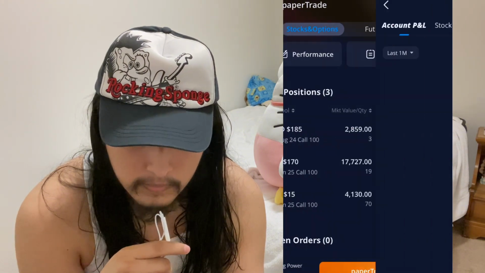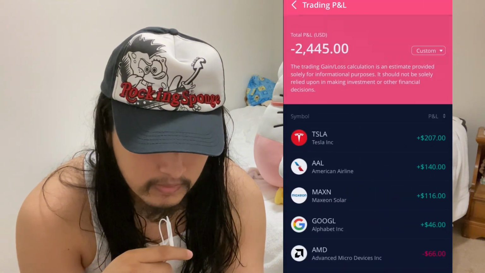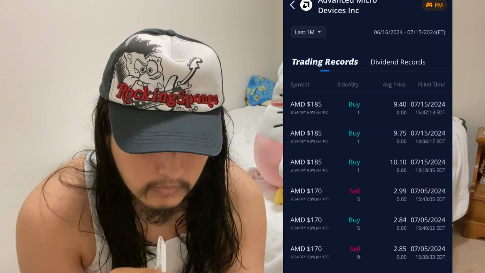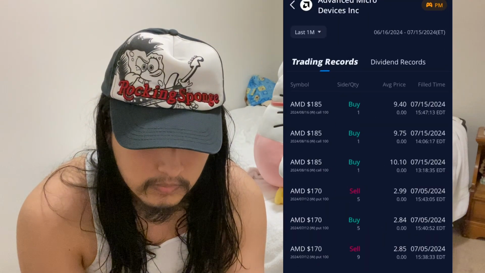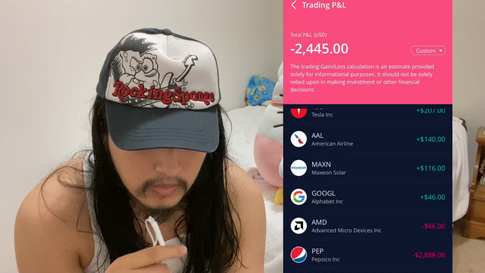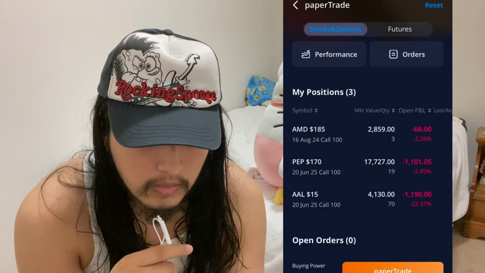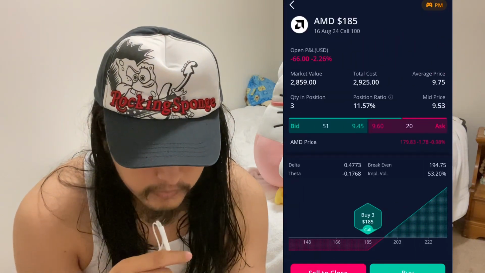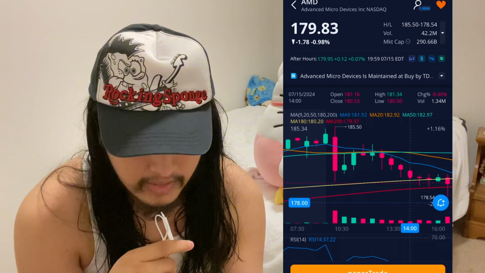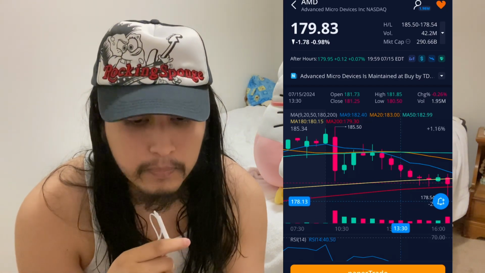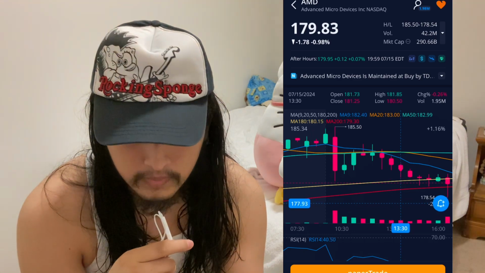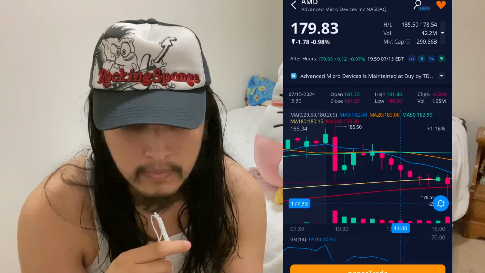So the first buy was at 13:18. So let's look at 13:18. Okay, so I bought the first call option at this candle right here because I saw that, okay, it's broken all of the previous moving averages, the 9, 20, and 50.